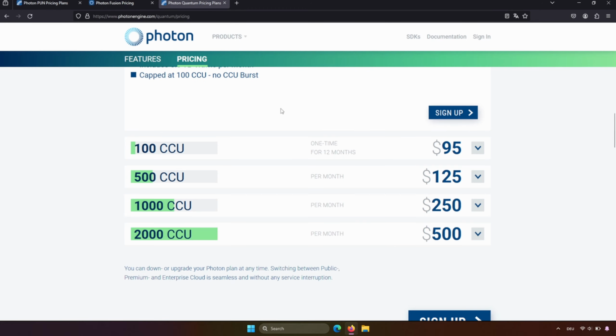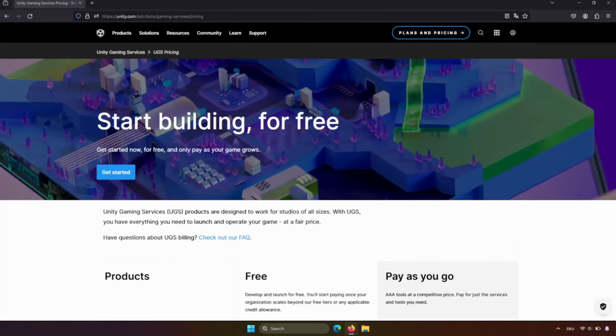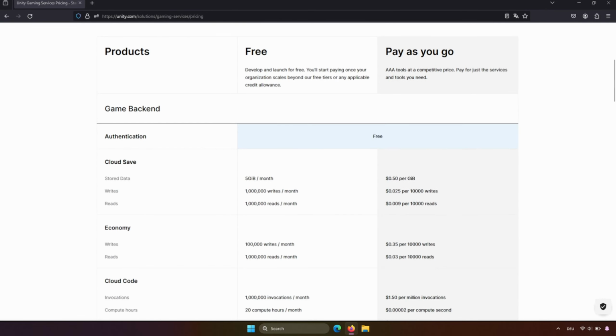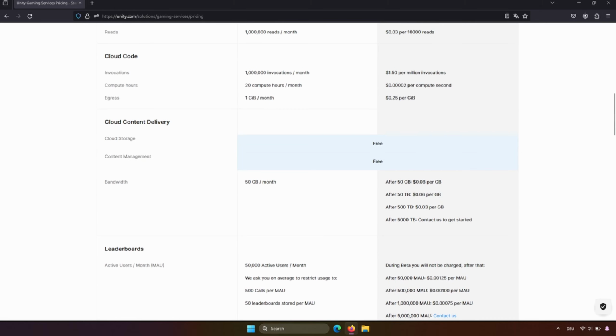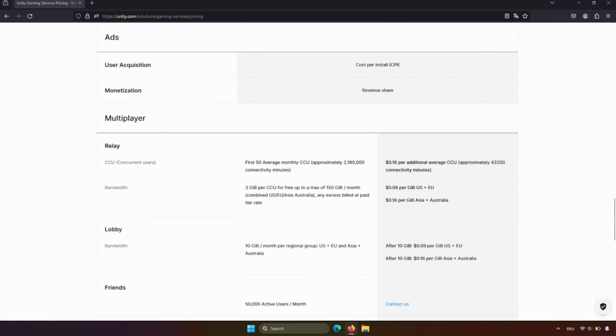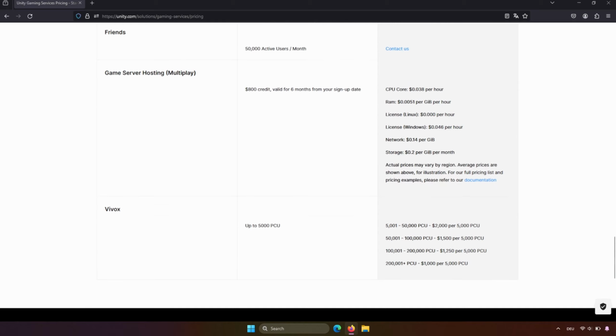The only reason why I wouldn't choose Photon Engine is the price. For 100 players on Photon Fusion, you have to pay $95 per month. The same number of players on Unity Relay would cost only $16 per month. The best thing about Unity's solution is the price, of course.